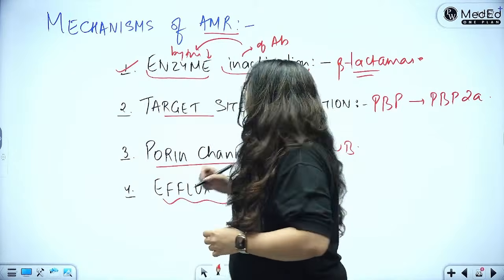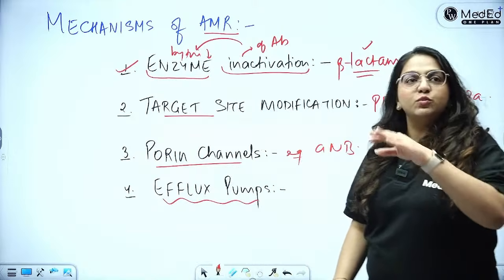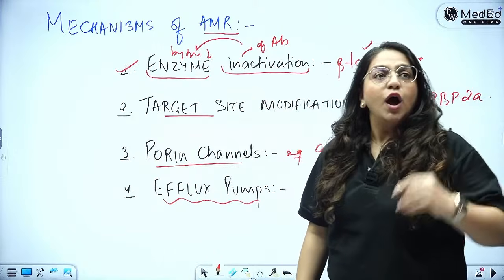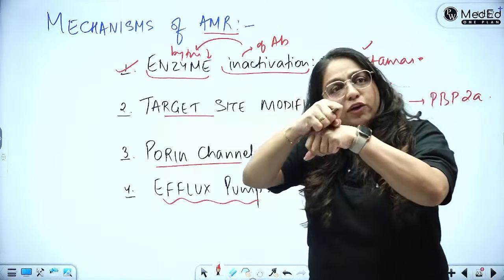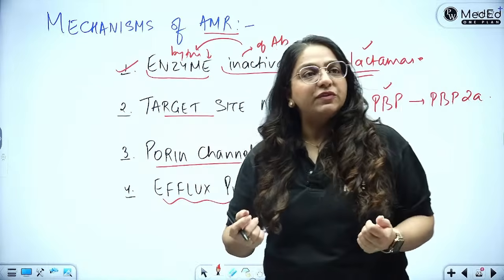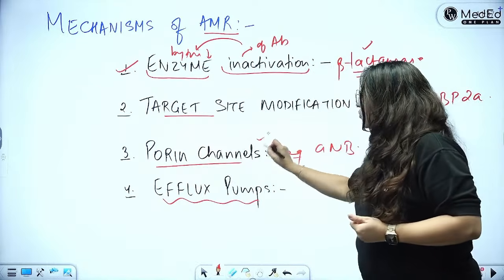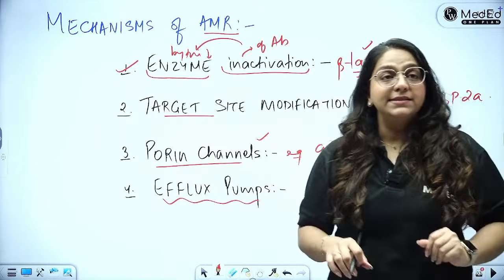So either the bacteria will release enzymes which will go and inactivate the antibiotic, or the bacteria will not allow the antibiotic to bind to a target by changing the shape of the target, or they will not allow the antibiotic to enter inside the cell.